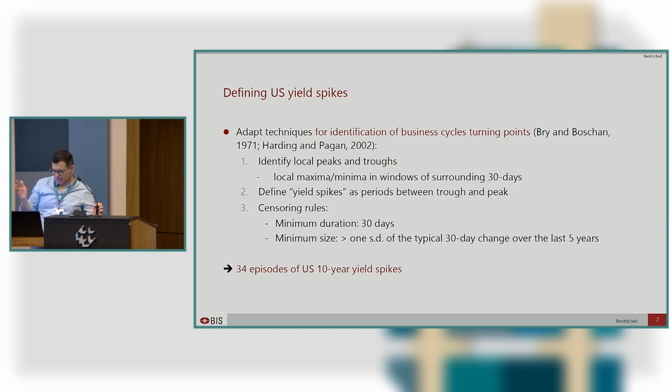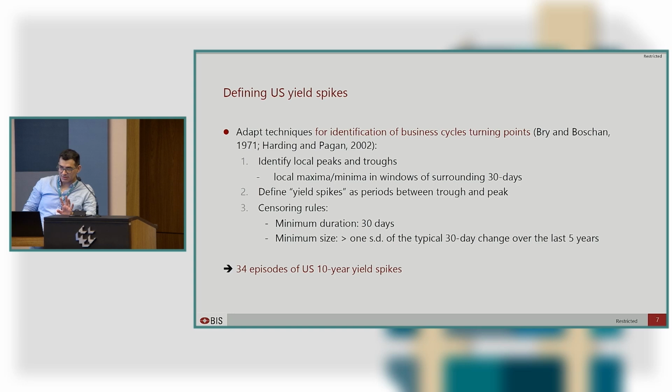But what we do is basically, we're going to define as a local candidate of maxima and minima the periods between troughs and peaks on windows of 30 days, and we're going to impose a minimum size of the change from trough to peak of 1 standard deviation of the typical 30-day change over the last 5 years. So that's basically the way we identify these events, these episodes.